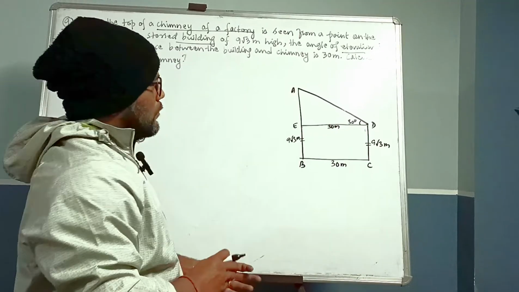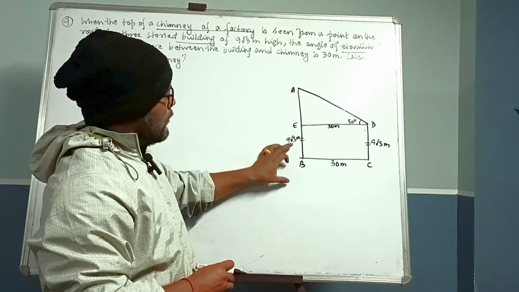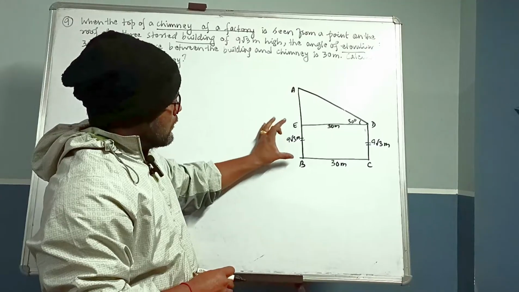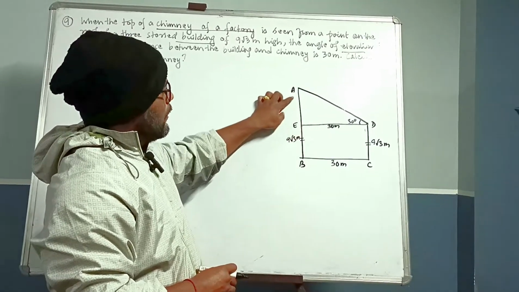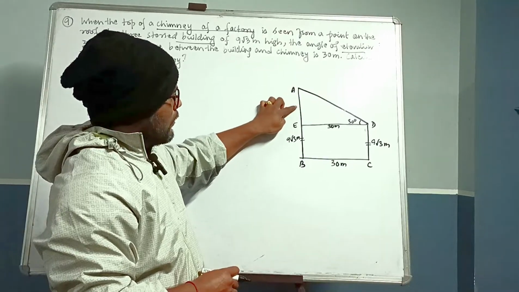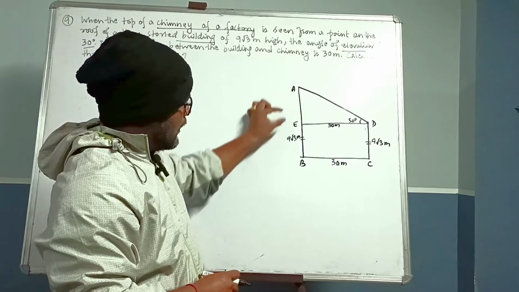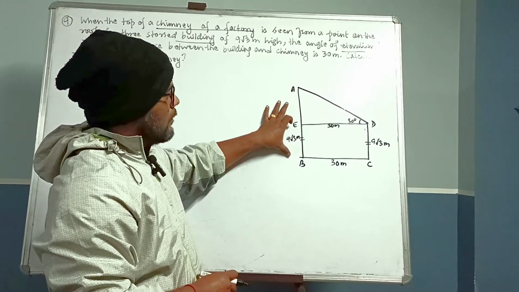Clear? So from this diagram, we have found the height of one part of the chimney, EB equals 9 root 3. Now, if you can find the value of AE from this diagram, then when you add AE and EB, you will get the height of the chimney.